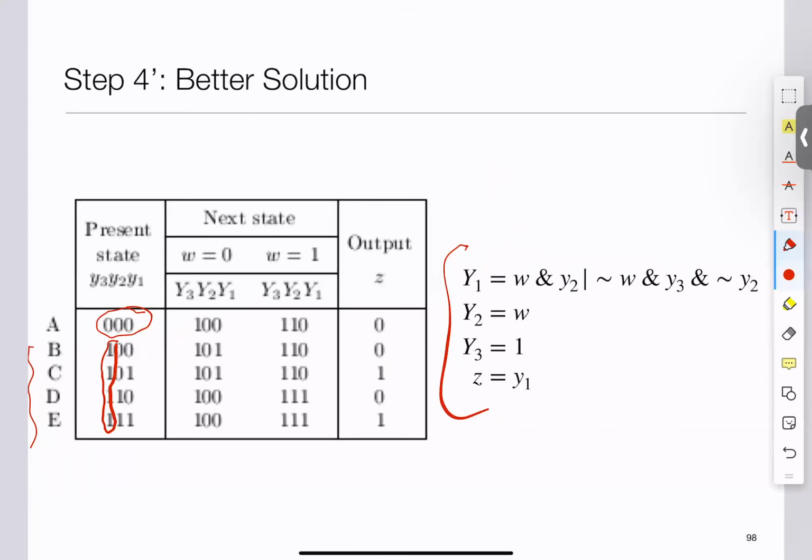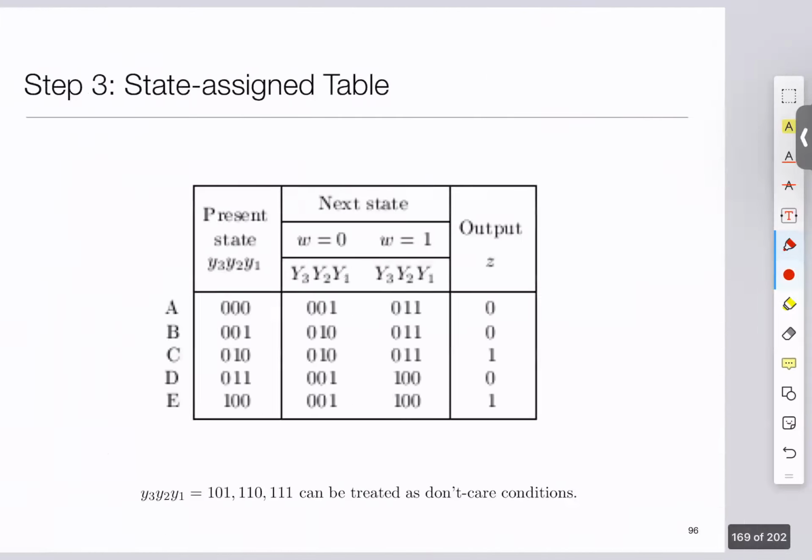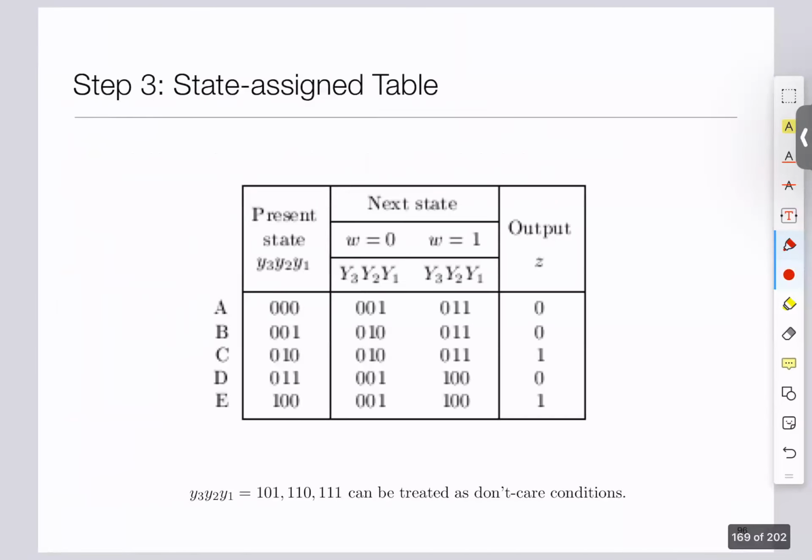Yeah, let's look at this design. This was an older machine, and I had an output, and it has 0, 0, 1, 0, 1. That's the output.